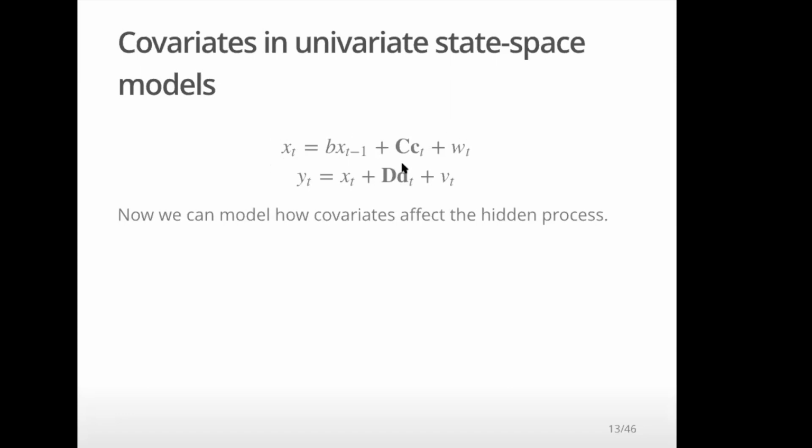So here we have a covariate that is affecting how that hidden state jumps, moves around from time step to time step. And now we have our observation of that hidden state, that hidden trend, that trend that's going to be this random walk. We're observing that random walk, but our errors in how we observe that random walk are affected by these covariates, or they're being explained by the covariates.